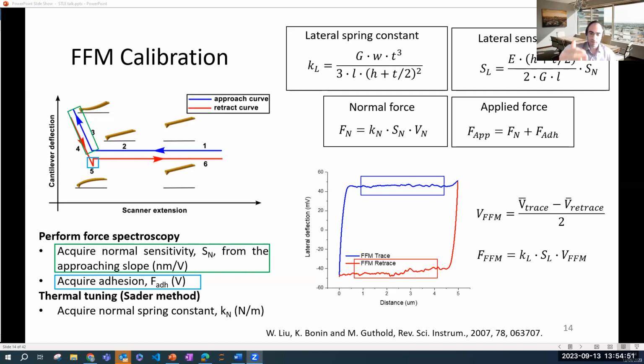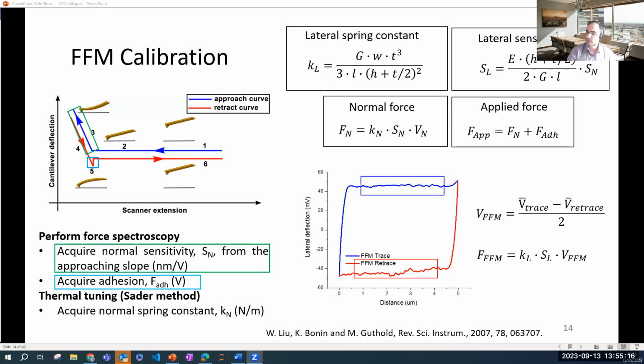First, you do a force-distance curve, where you get the sensitivity and measure the adhesion when you do the pull-off force. Then you use another technique to calculate the spring constant. You combine that with the cantilever dimensions and mechanical properties and calculate the spring constant in the lateral dimension and also the sensitivity.